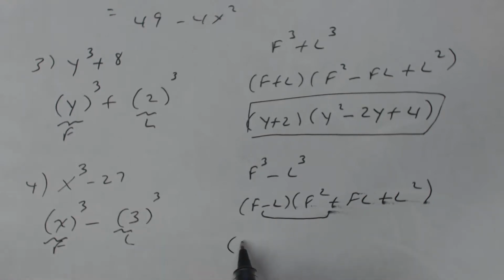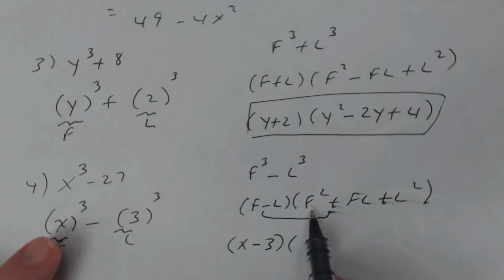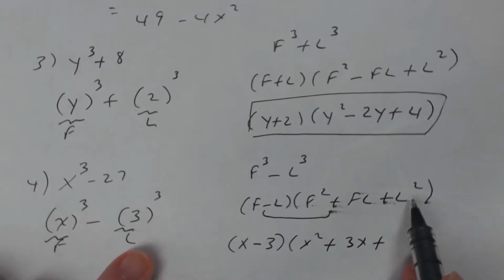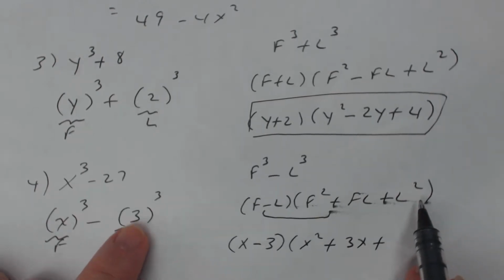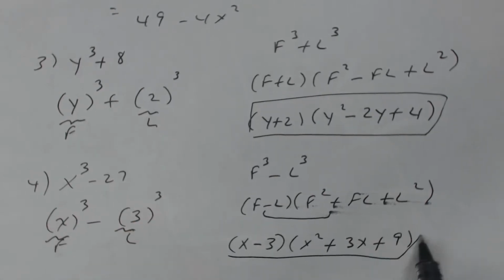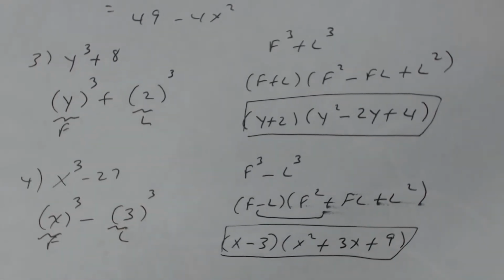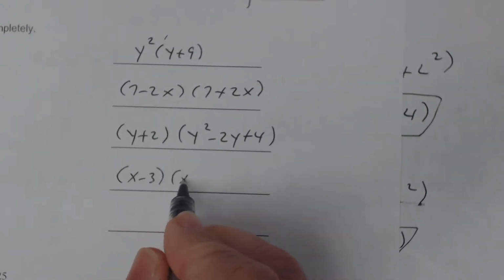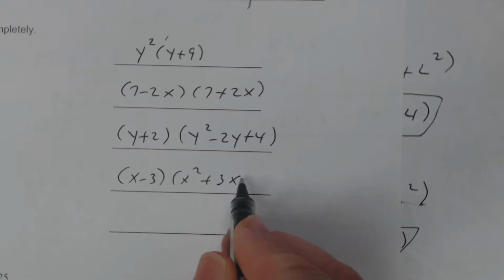I'm going to get x minus 3 times, remember f squared means x times x in this case, so that's x squared plus 3 times x, and then plus l squared, which means I take 3 and multiply by itself. 3 times 3 is 9. So that is number 4: x minus 3 times x squared plus 3x plus 9.